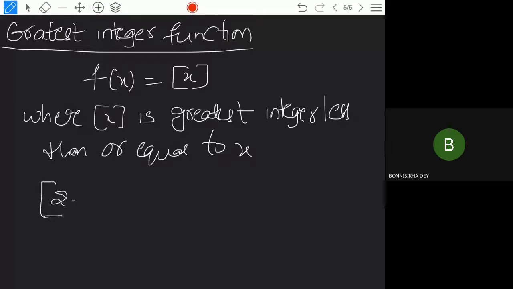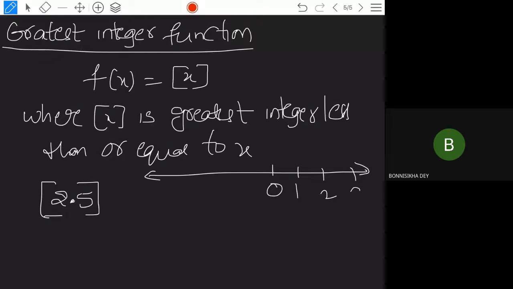In the bracket, if I write 2.5, the integers less than 2.5 are, taking the number line, 0, 1, 2, then 2.5. 2 is one integer, 1 is another integer. Among all these integers, which is the greatest one? 2. So this value is equal to 2.